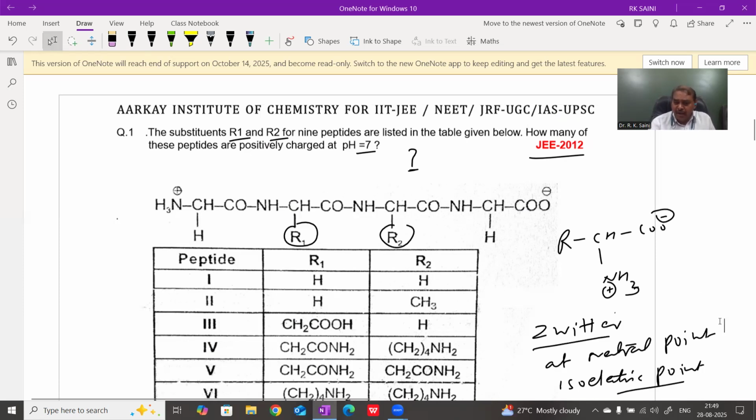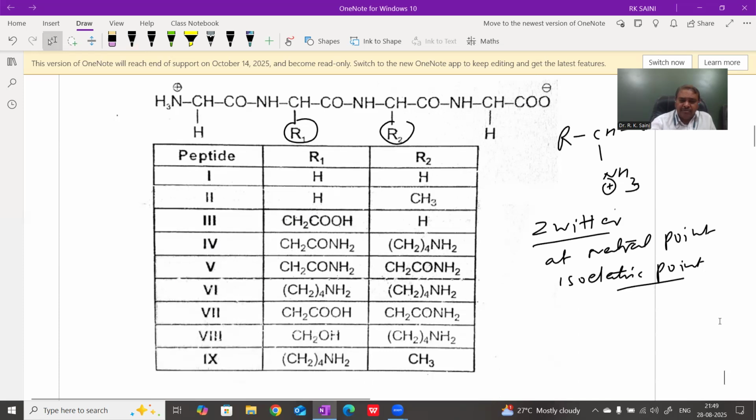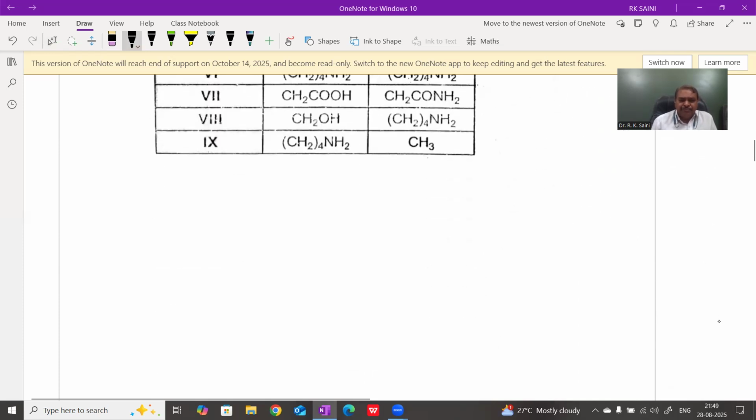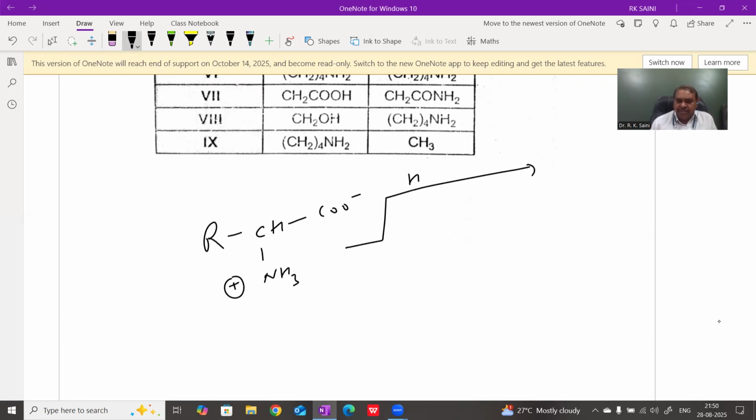Now, this is the zwitterion of the amino acid. In case of acidic solution, this zwitterion exists in the form of a cation, because H plus combines with the carboxylate ion, and therefore it carries a positive charge.